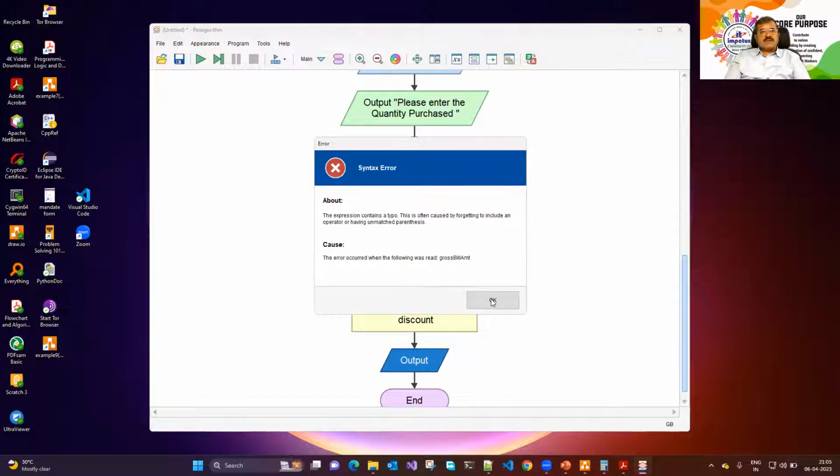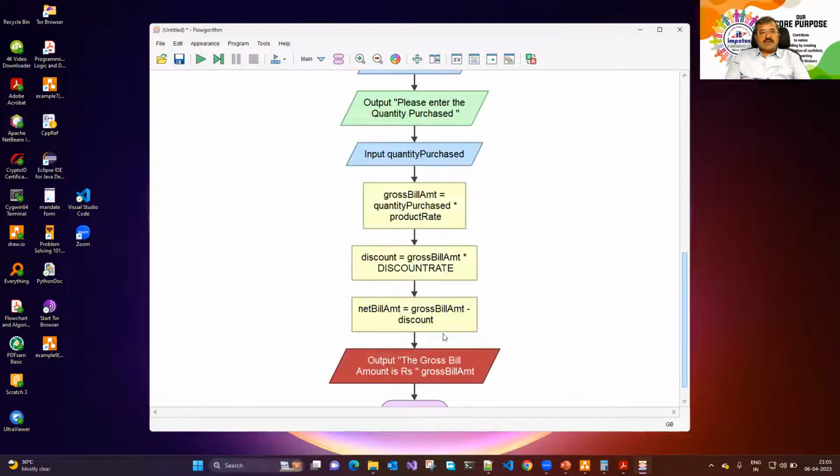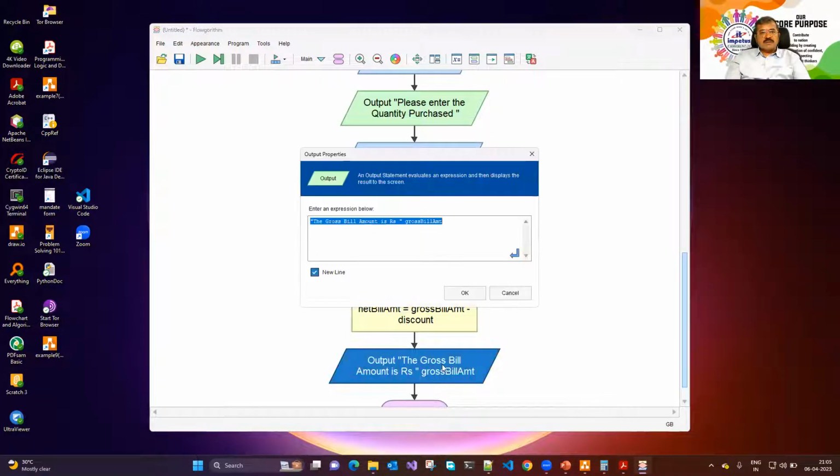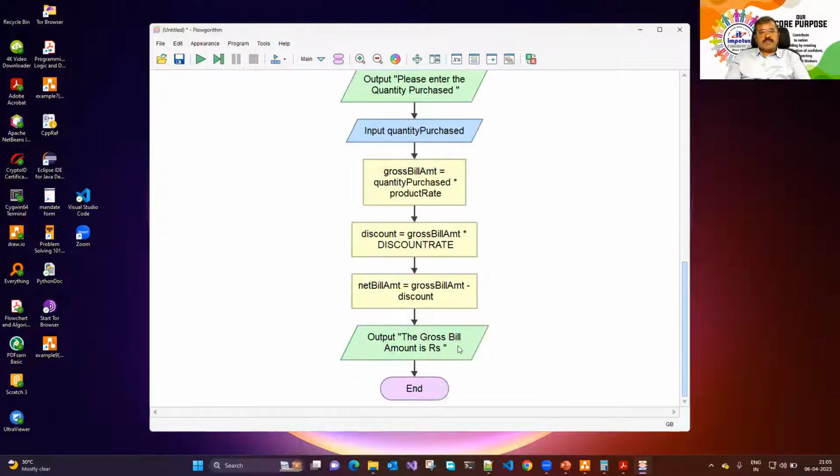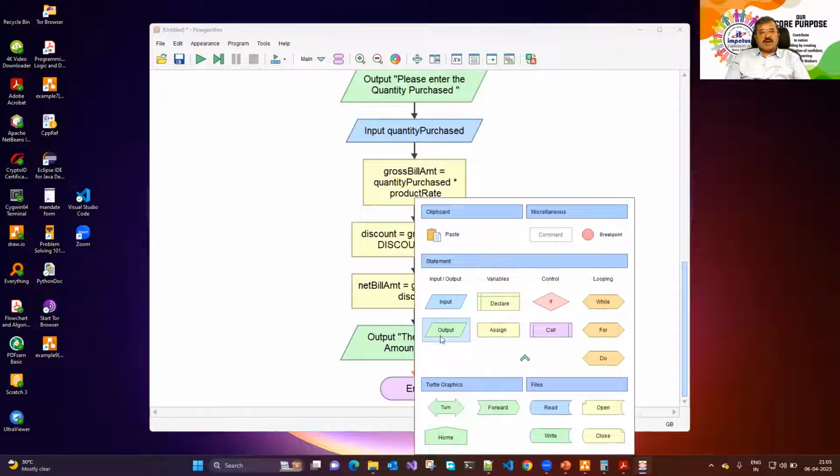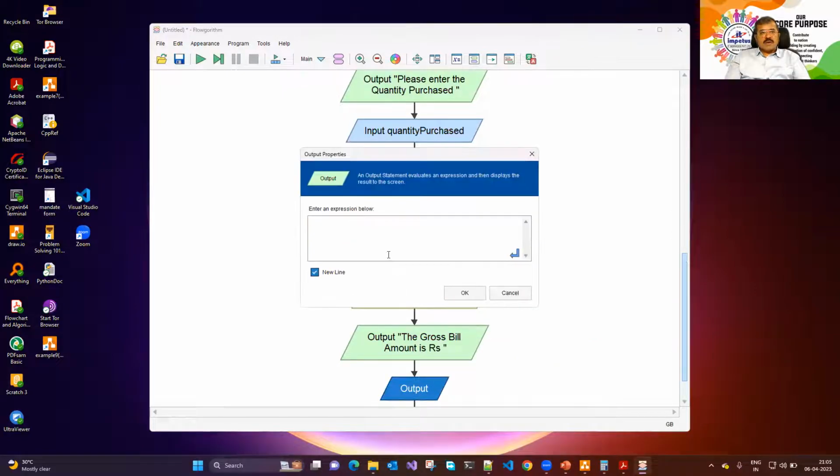It says expression contains typo, often forgotten to include operator or having unmatched parentheses. Okay. Following this, here say double quotes में ये है. Say output, and I use my variable.